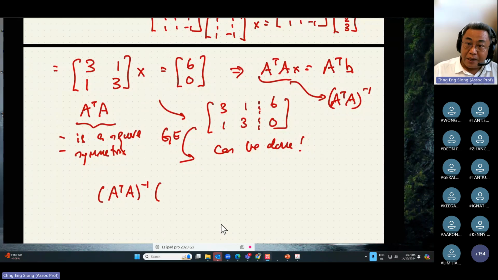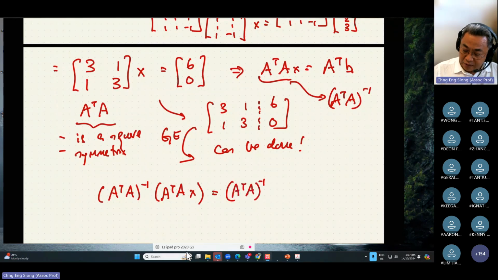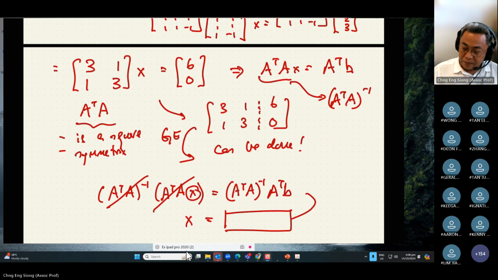I multiply on the left by A transpose A inverse, and this becomes I, leaving x equals this famous equation: x equals A transpose A inverse A transpose B.